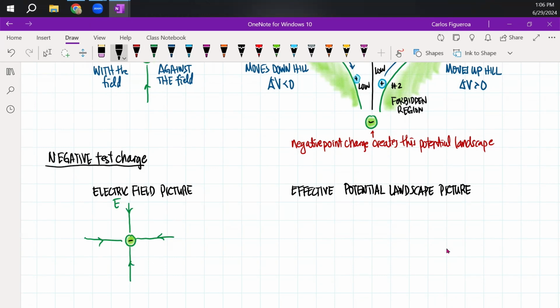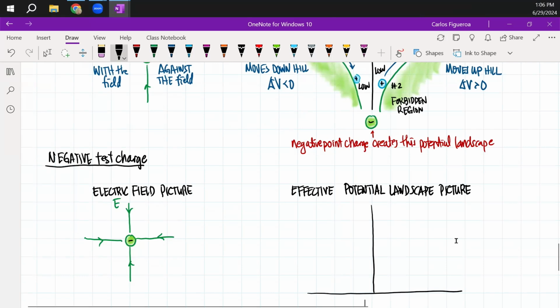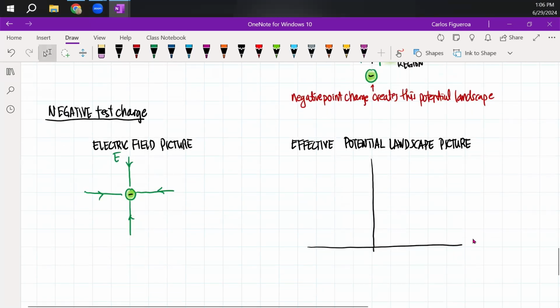Because of the sign difference, the effective picture now goes like this. And the source of everything, again, because of the positive test charge in this field, what's causing this is this negative charge. So what does it do? It creates an inverted potential field.